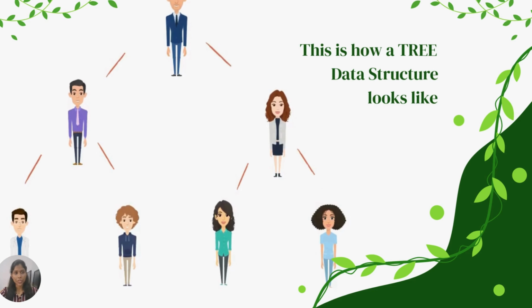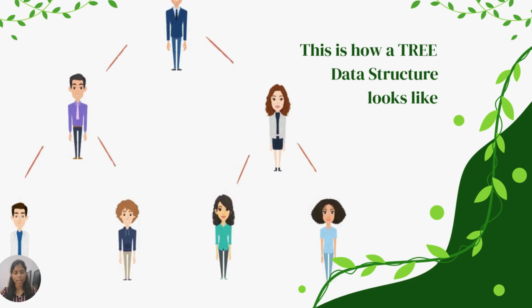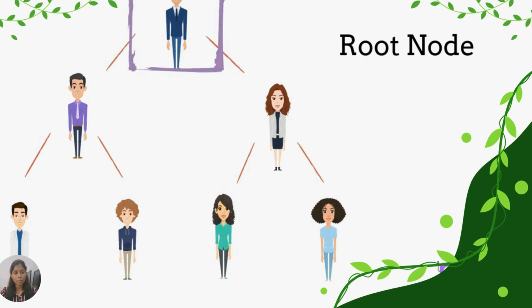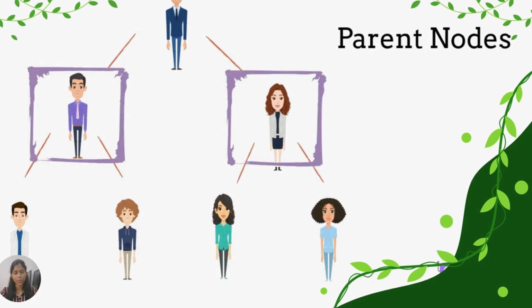This is what a tree data structure looks like. Each element in the tree is called a node. The topmost node, or the starting point of the tree, is called the root.